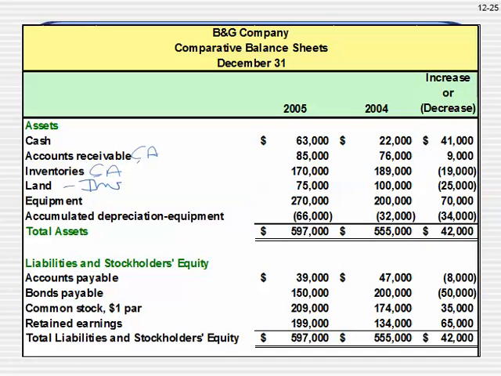And equipment is also long-term, so any changes will fall under the investing section. Accounts payable, this is going to be a current liability. Bonds payable will be under financing, as will our common stock. Okay, so we know we need to look at the changes in these two accounts, accounts receivable and inventories, those are both current assets, along with the changes in accounts payable.